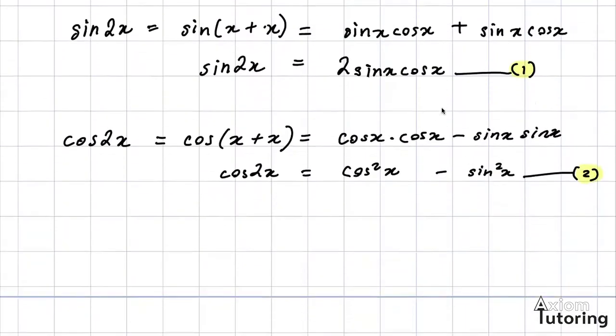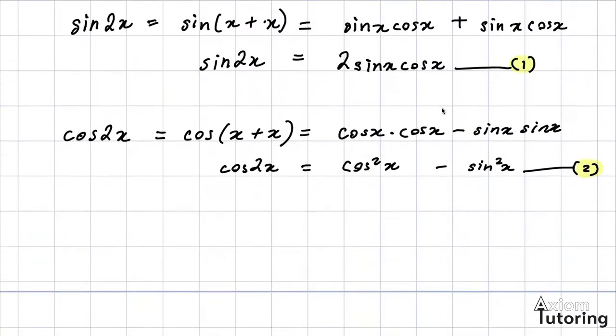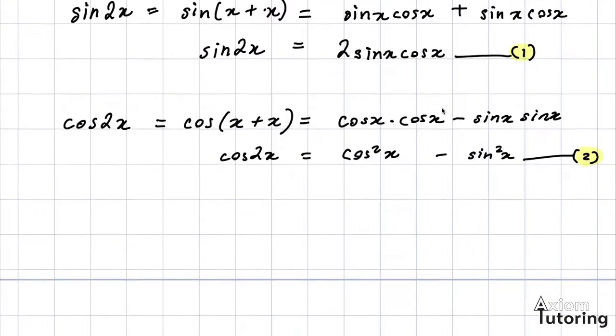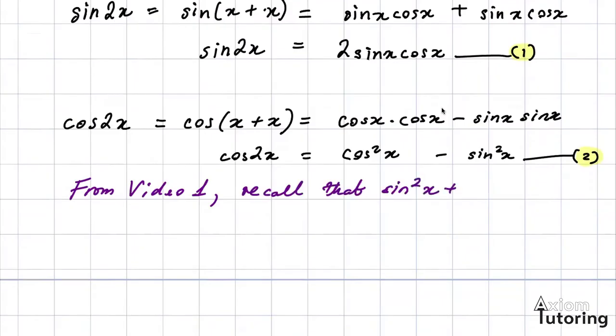Okay, so having a think back to our first video, there was an important identity that we looked at. So from video 1, recall that sine squared x plus cos squared x equals 1.